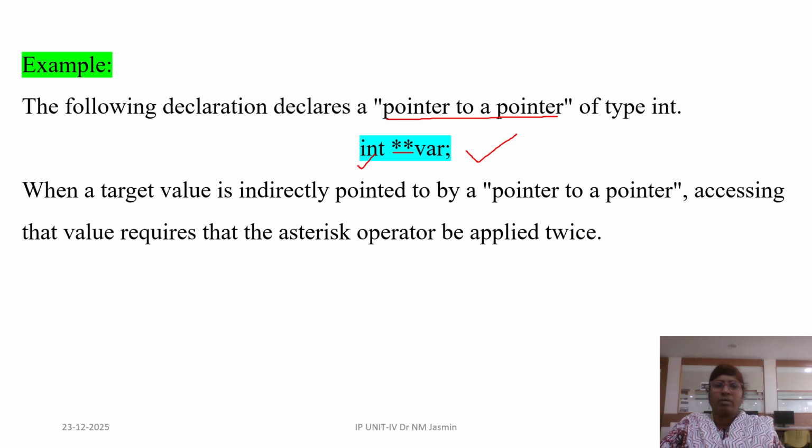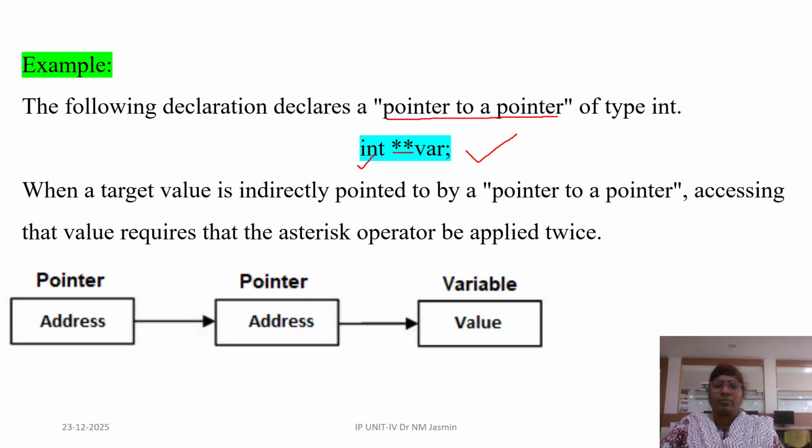Now the targeted value for this variable is indirectly pointed to by a pointer to pointer. So to access the value, the asterisk operator must be applied twice.